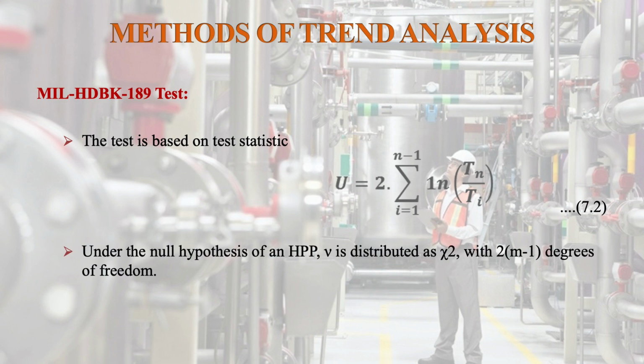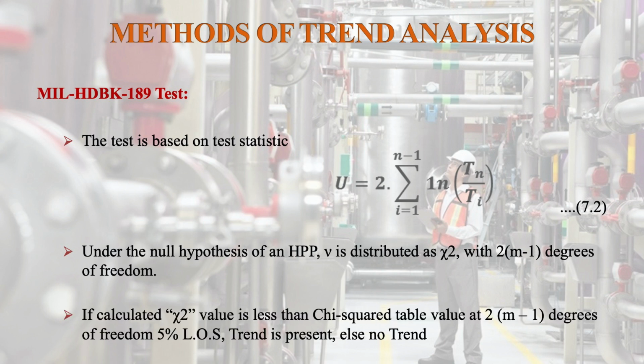Under the null hypothesis of HPP, U is distributed as chi-square with 2 into (n minus 1) degrees of freedom. If the calculated chi-square value is less than the chi-square table value at 2 into (n minus 1) degrees of freedom, at 5% level, trend is present, else no trend.